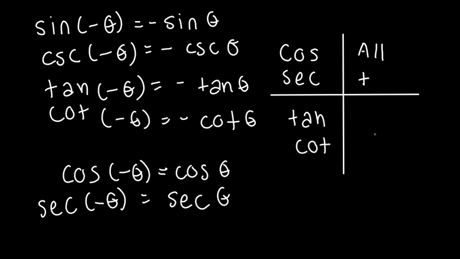And in quadrant 4, sine and cosecant are positive. So because this side has a negative x value but a positive y value, that means that cosine and secant must be positive. That's why cosine and secant are even functions.